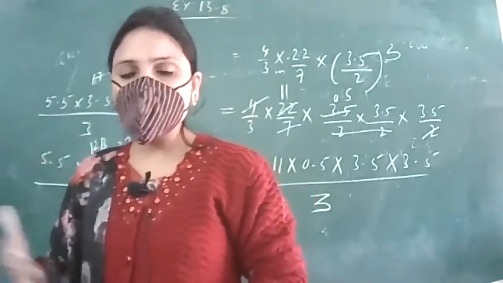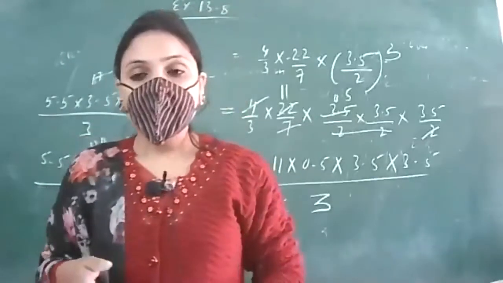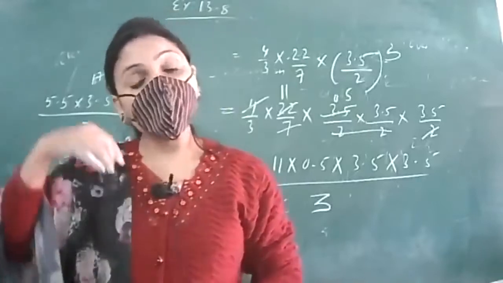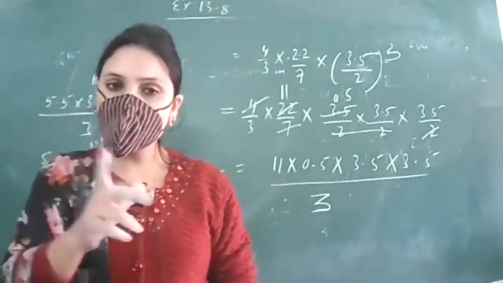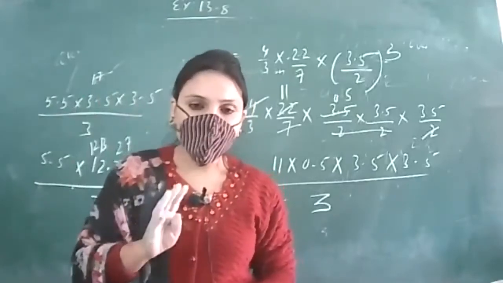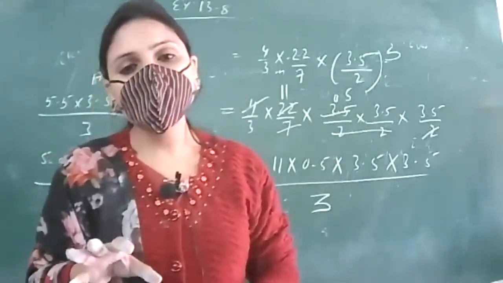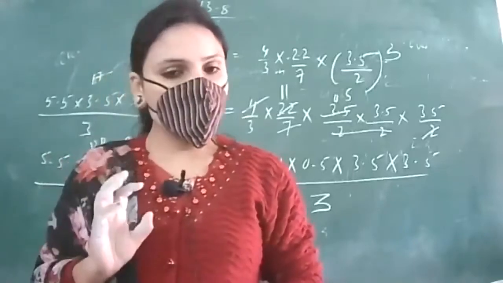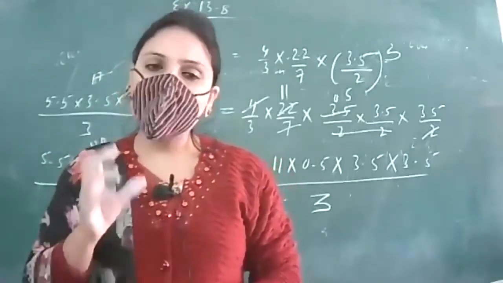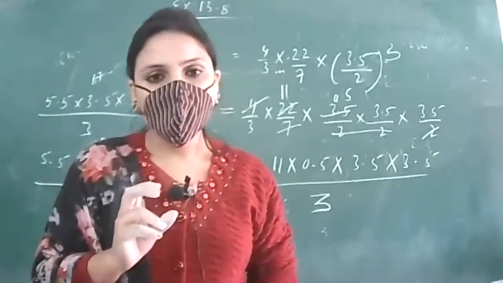One chapter was deleted, so we introduced one in this one. And one more chapter, probability, that we did in the previous term, will also be included in this term, that is PT3. So you have to do 4 chapters in this term: linear equations in two variables, Heron's formula, surface area and volume, and probability.